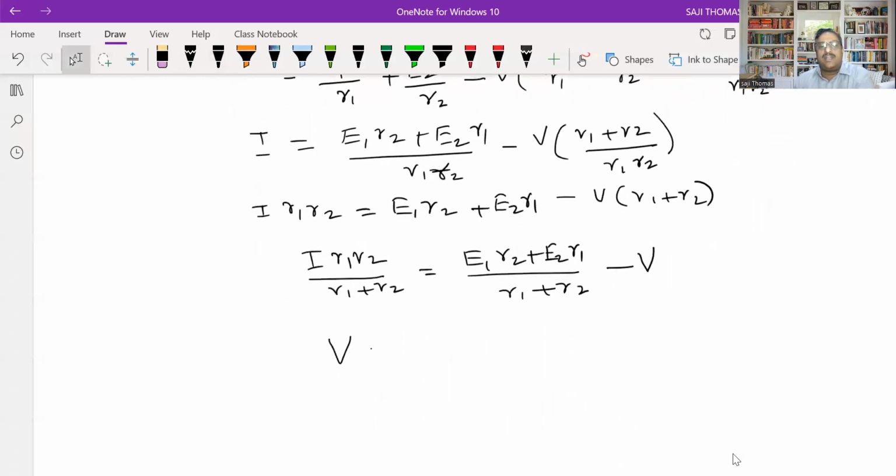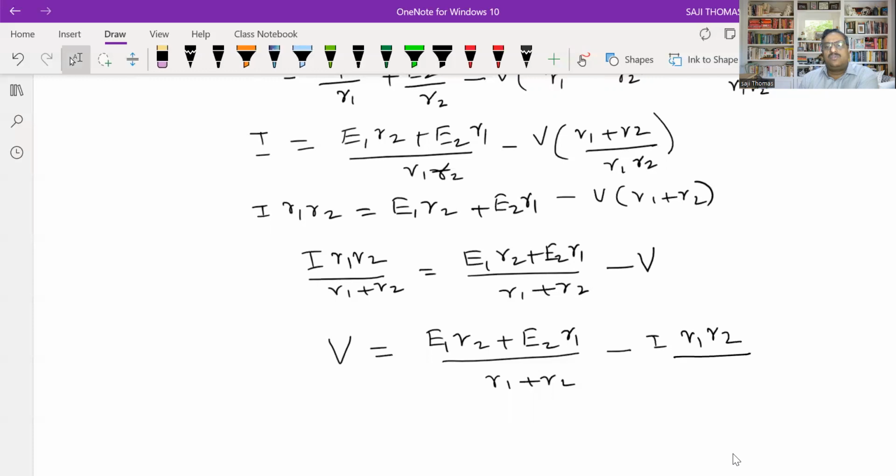So V take to the right side, the current term take to the left side: (E1 R2 plus E2 R1) divided by (R1 plus R2) minus I R1 R2 divided by (R1 plus R2).